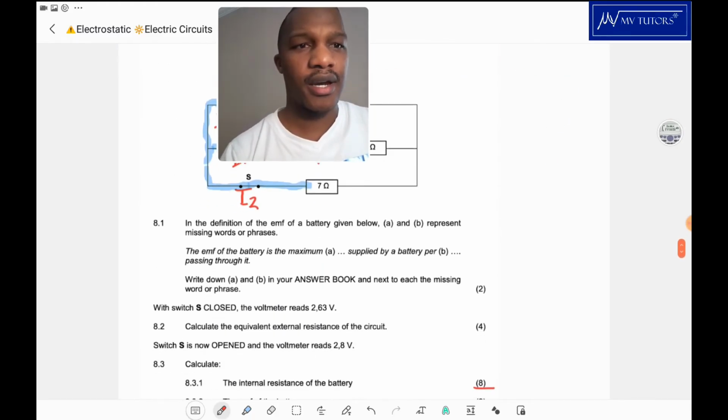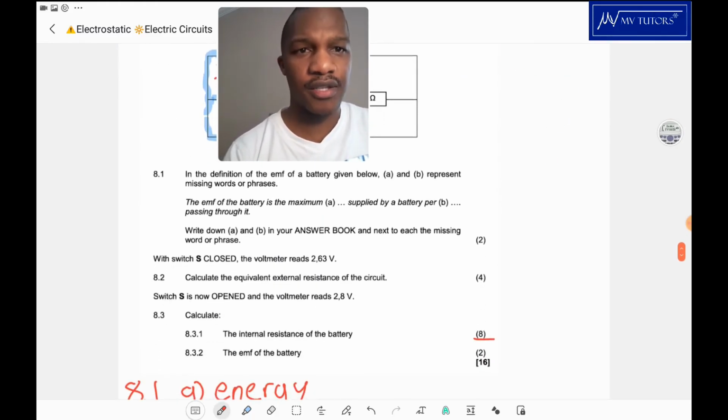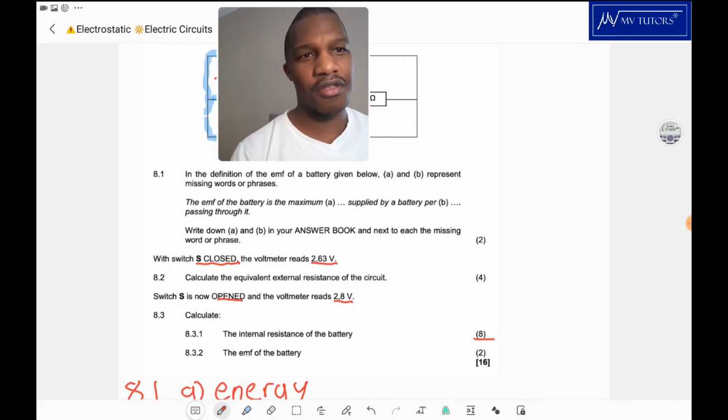First of all, they said switch S is opened and the voltmeter is 2.8. Here, switch S was closed and the voltmeter was 2.63. Now, that's a clue right there, ladies and gentlemen, that we can have two equations and then solve them simultaneously for the internal resistance.